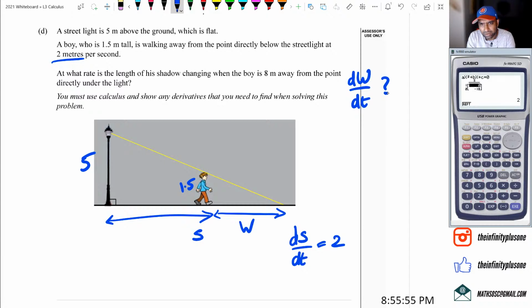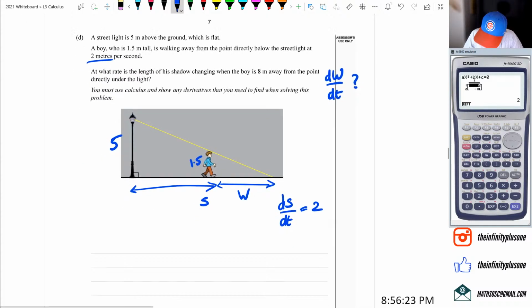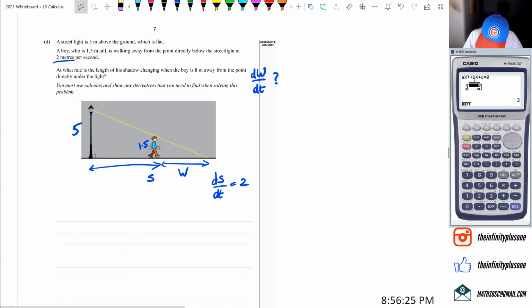I know it's similar triangles for sure, but I'm just trying to figure out where they get that 8 meters from. This is actually an excellence question as well, not a merit question. Okay, that's all right. Let's give this a go anyway.